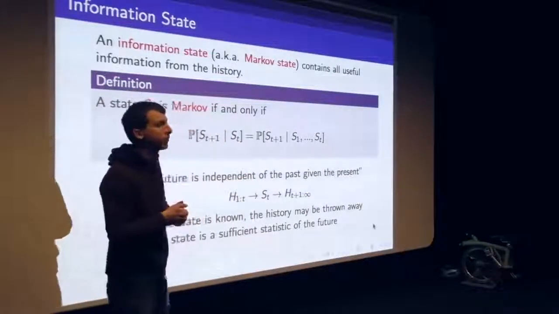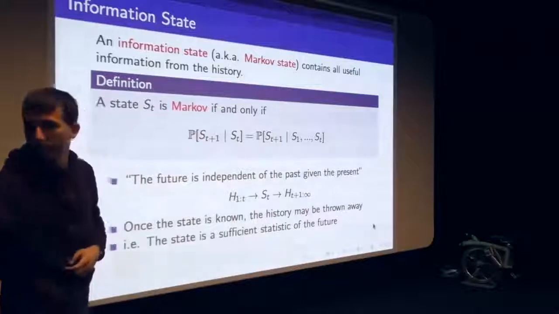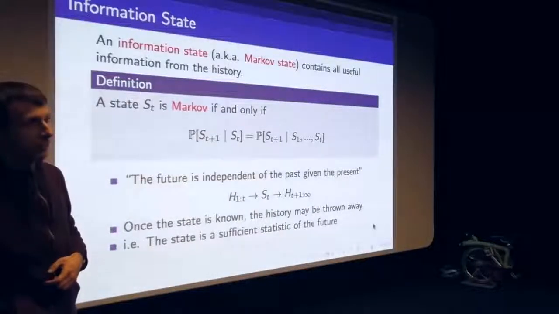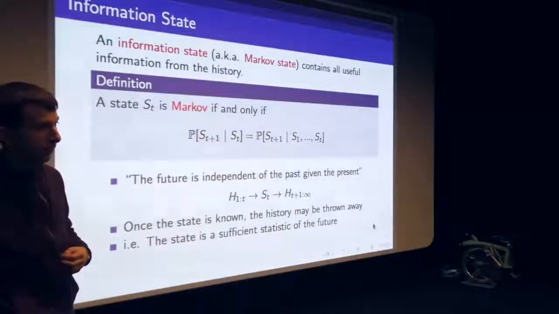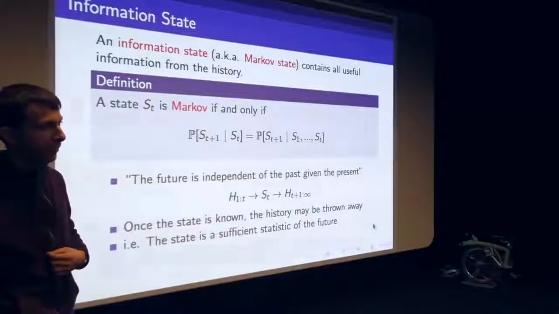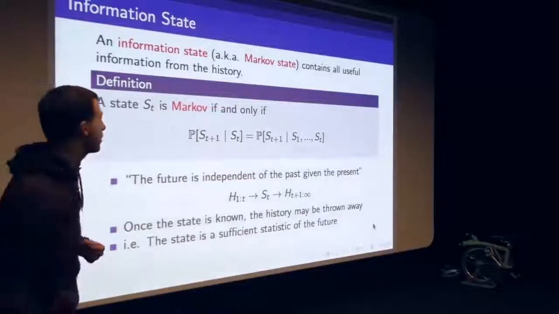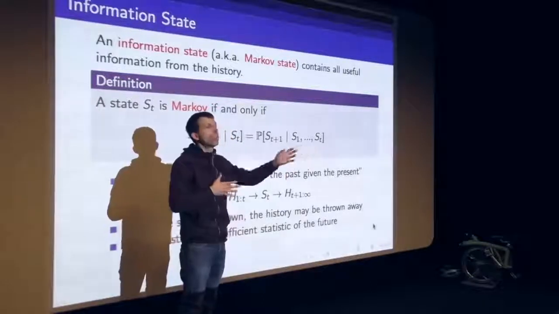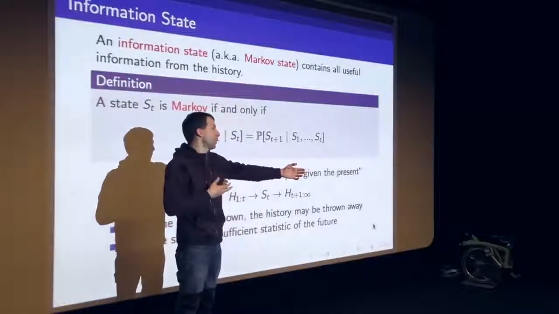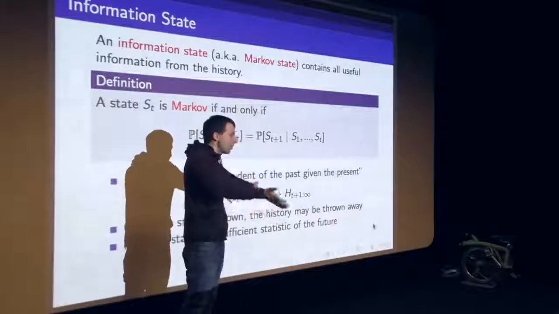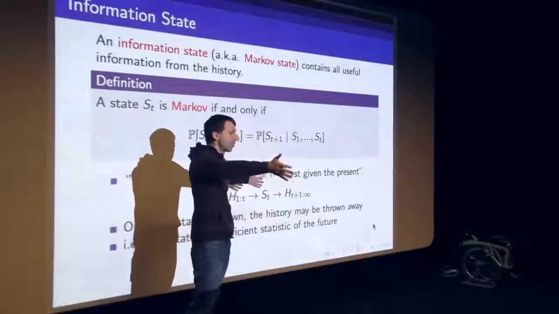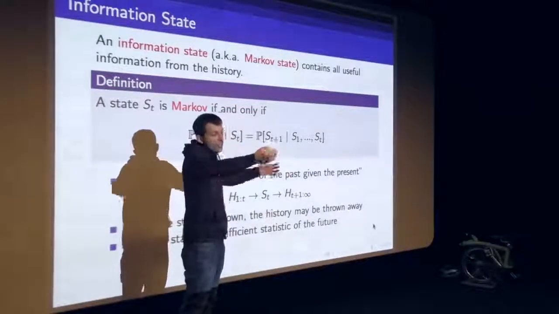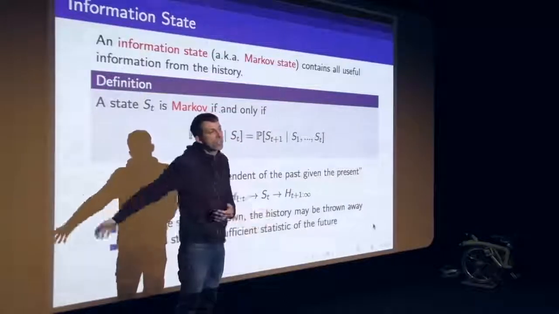Yeah, question? I think you said at the beginning, though, that the reward comes at many time steps after the action, the observation, and the action. Yes. So how does that reconcile with the fact that you're throwing everything away except the previous time step? That's fine. All we're saying here is that everything we can say about the future, the distribution of events that might happen to us, conditioned on this state is the same as if we conditioned on the full history.